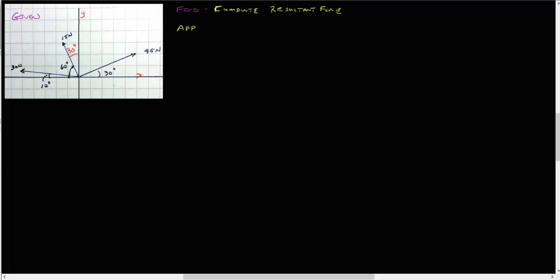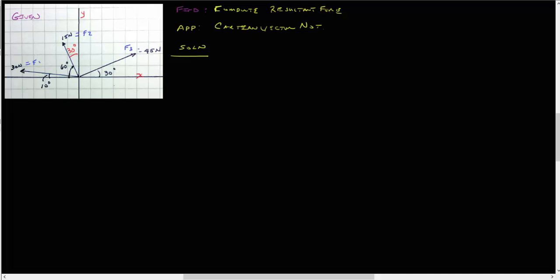On my approach, I'm going to use the Cartesian vector notation to do this. Okay, so let's go ahead and do our solution. Let's first note a couple of things. I'm going to call this force 1. I'm going to call my 15 Newton force 2 and my 40 Newton force 3.